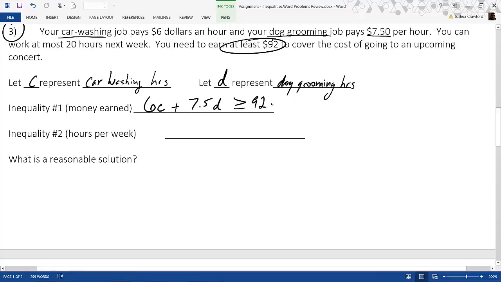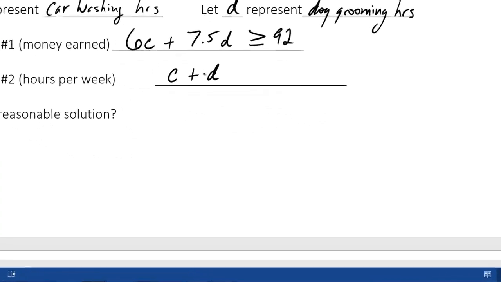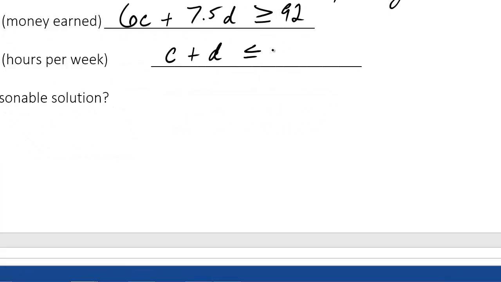Then inequality 2, hours per week, just deals with your car washing hours plus your dog grooming hours. And we can work at most 20 hours. So we can work 19 hours, but we can't work 21 hours. So that means C plus D will be less than or equal to 20 hours.